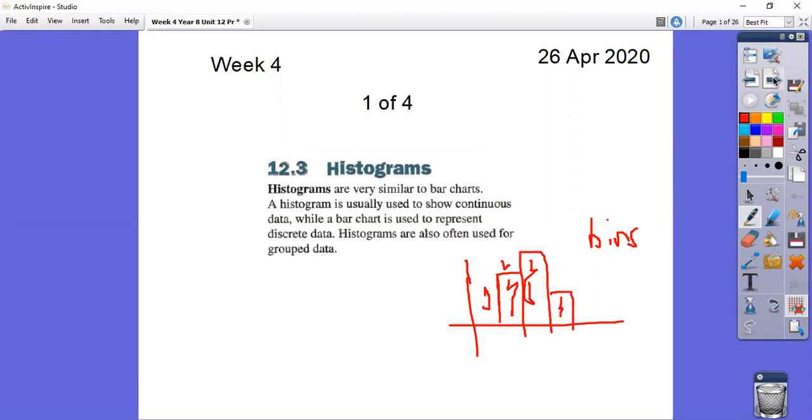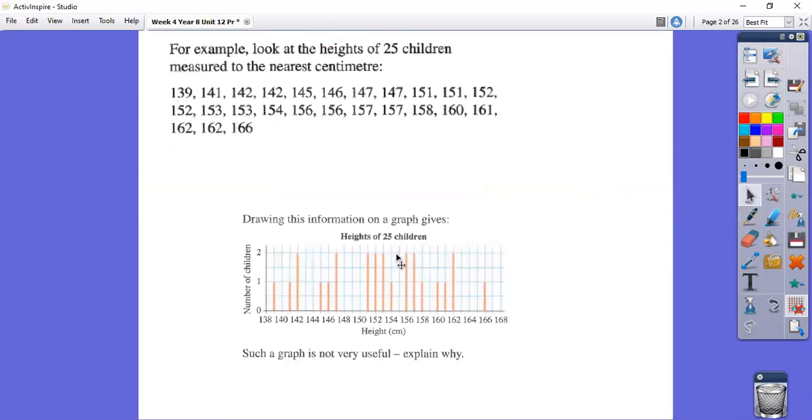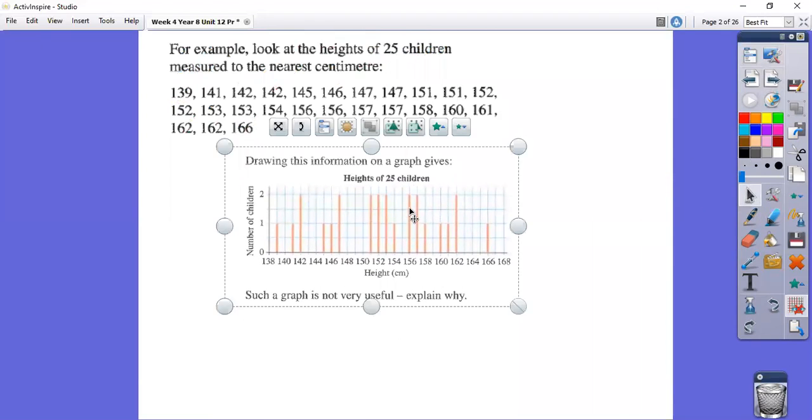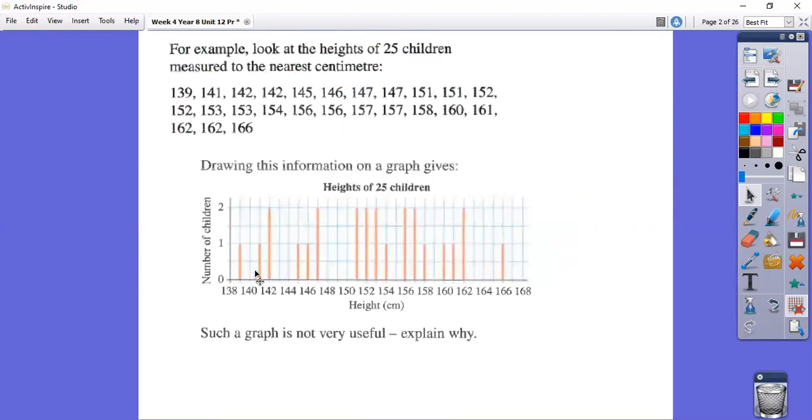Anyway, we'll move on to an example. Look at the heights of 25 children measured to the nearest centimeter. These are the measurements of 25 children. Now, if you use a graph to show this data, like a line graph, you can see it's not very informative.